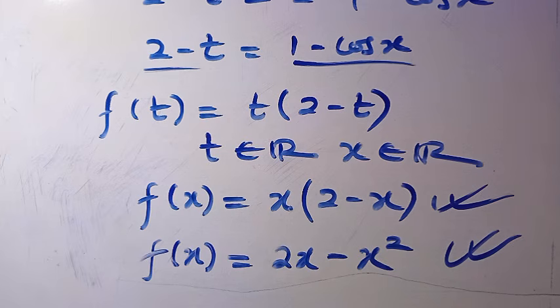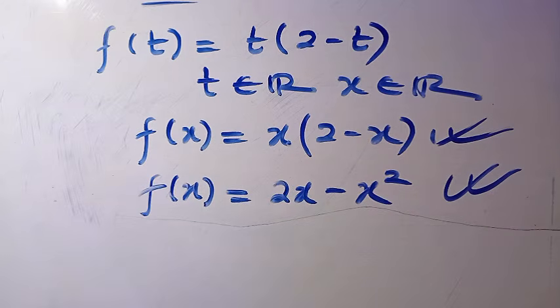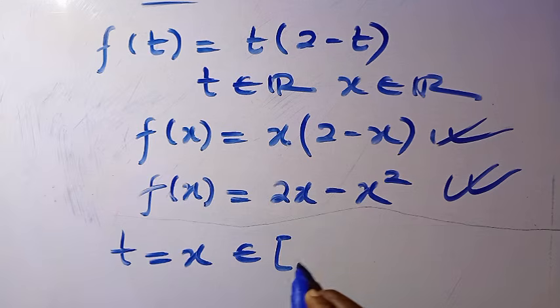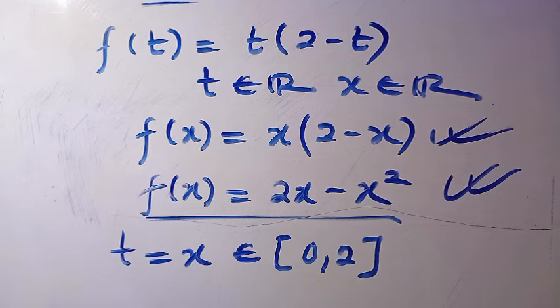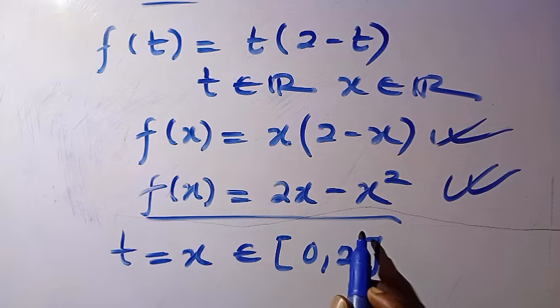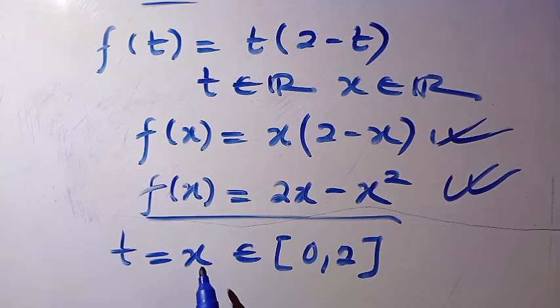But from the domain we got above, I said that t is just like x, so it has a domain of 0, 2. Does it satisfy this? Actually, yes. It satisfies this because if we start plugging in these values, we are going to get a reasonable output together with the input.